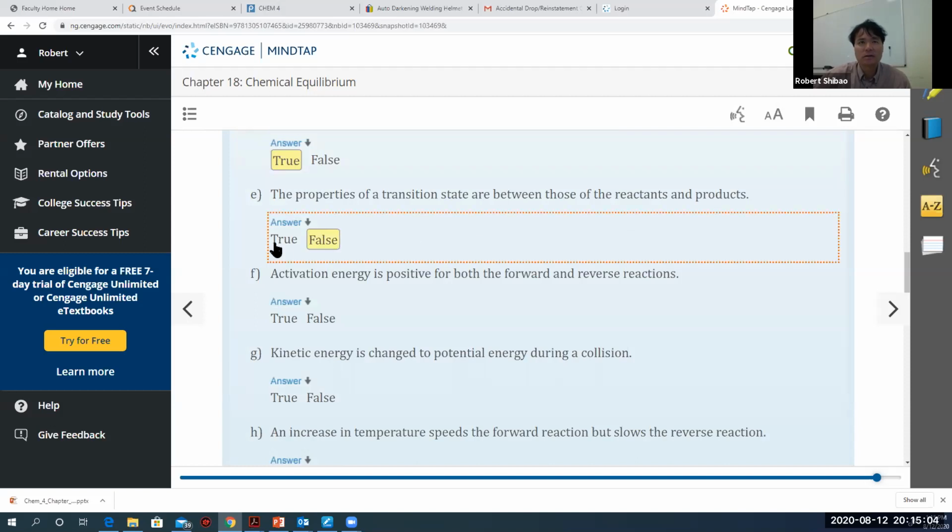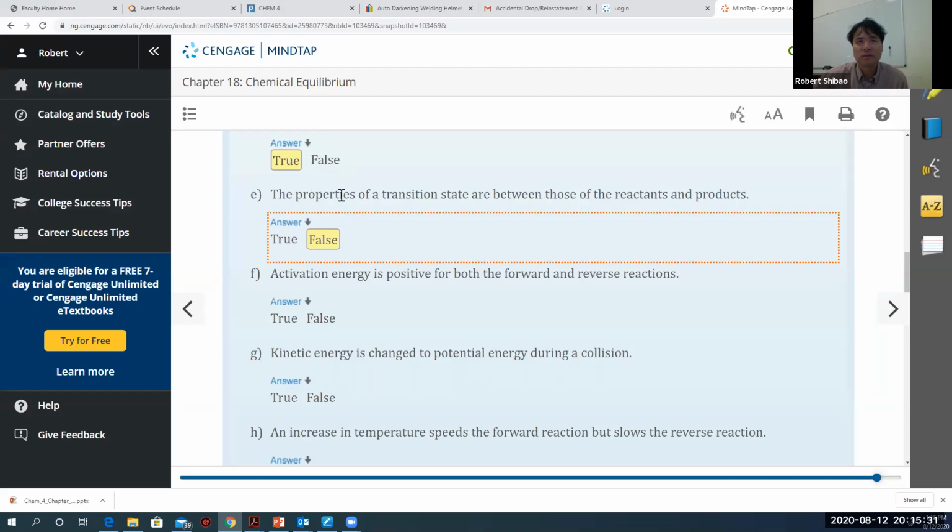The properties of a transition state are between those of the reactants and products. That's false. Well, in a way, it's true because you're breaking bonds and forming bonds, so it's between, you know, like partial bonds. But in another way, they're right, it's false because the chemical properties are going to be quite different.